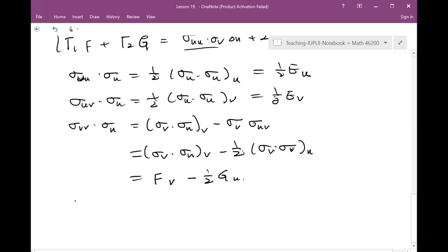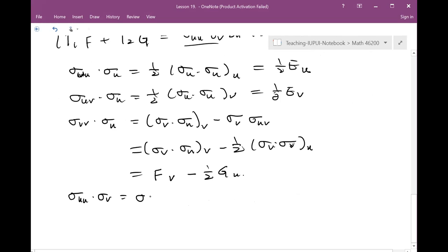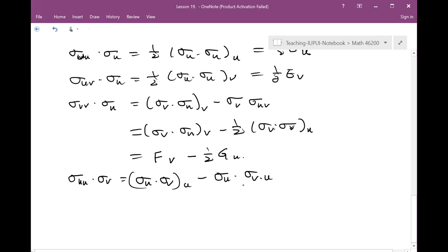Okay. Then let's look at the second group. Similarly, we have trouble here with sigma V and U, then minus sigma U dot sigma V dot U. So how about this part?